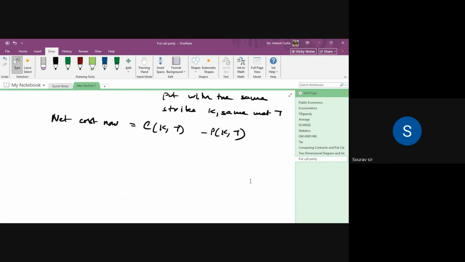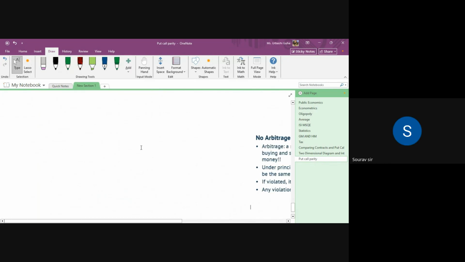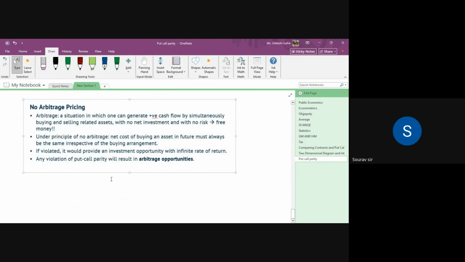Now, I told you that it is a game of arbitrage, correct? So here, it's no-arbitrage pricing. Arbitrage means you can make a risk-free profit. There is no risk for this. Okay.